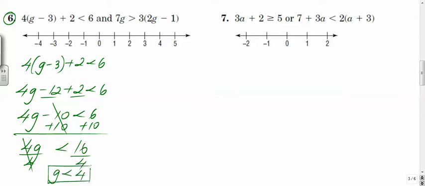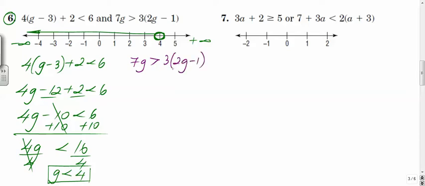Okay, you should graph it. 4 is here, there's no equal sign. Okay, that's negative infinity, that's positive infinity directions. Less than, all the numbers to the negative infinity. Okay, let's get the other equation. 7g greater than 3 times 2g minus 1.